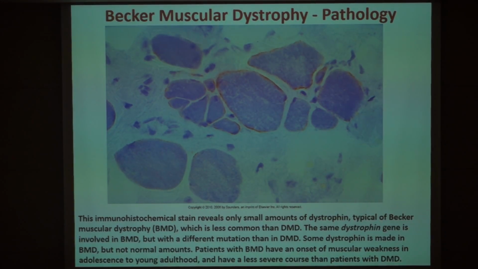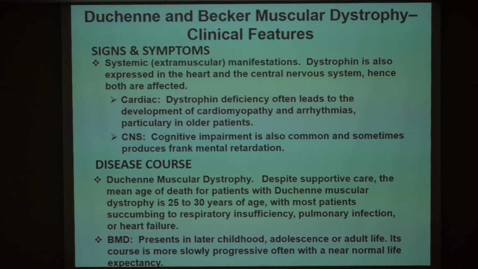They could potentially live an entire normal lifespan, but realize in your notes, I also talked to you about the fact that dystrophin is also found in cardiac muscle and is also found in the CNS. And the absence, whether it's partial or complete, can cause cardiac problems in both of these patients.